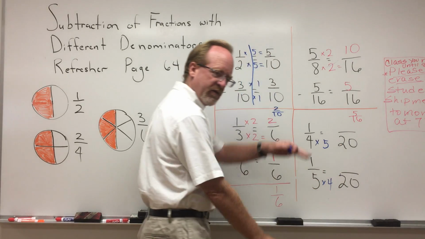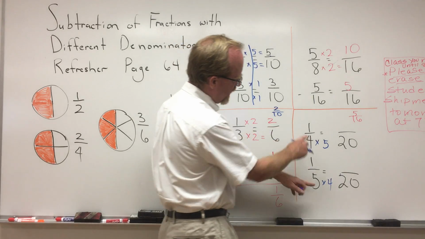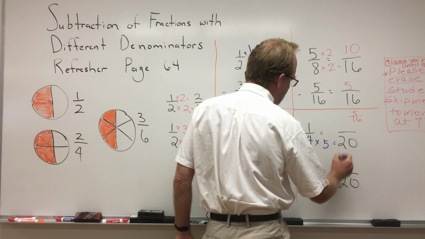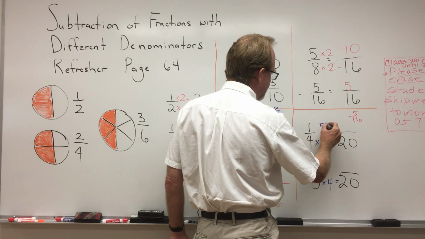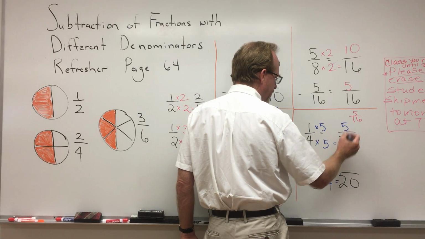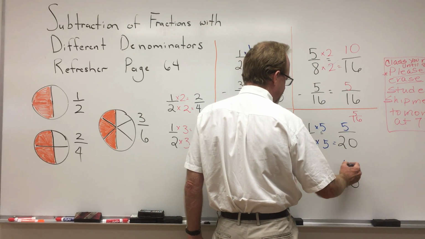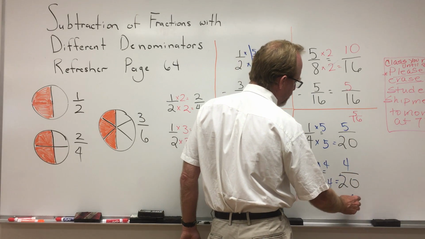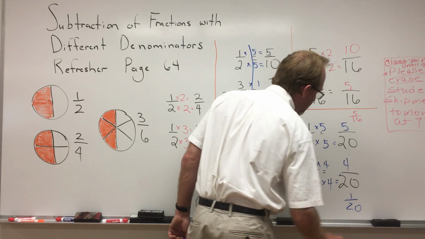See what I did there? I multiplied them by each other. And when you do that, look what happens. They both go to 20. And now if I did it to the bottom, I have to do it to the top. And now you're good to go. If we're subtracting, 5/20 minus 4/20 is 1/20.